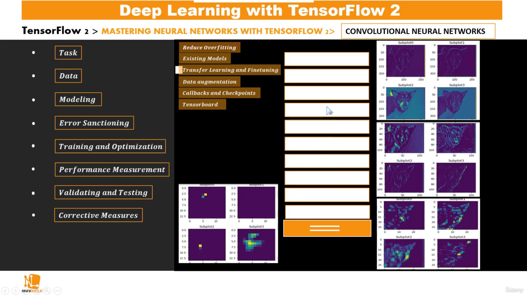But given that we've already trained an initial model on the ImageNet, which is on the 1,000 classes, what we'll do simply is that if we have this model which has been trained, we are going to cut off the model once we start working with the fully connected layers.